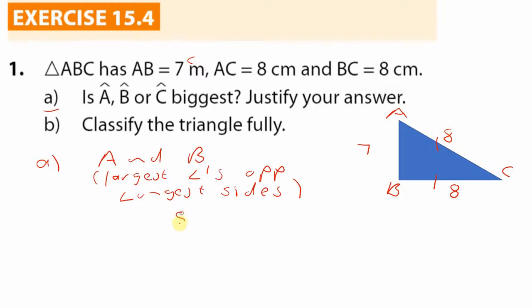So we need to compare 8 squared, which is 64, against 8 squared plus 7 squared, which is 64 plus 49. So it's the same as 113.